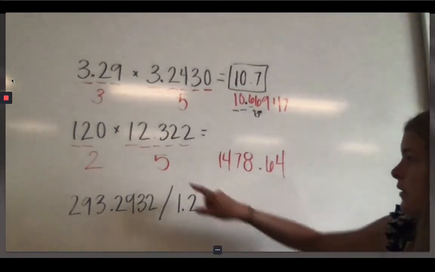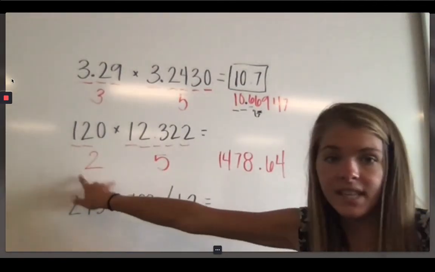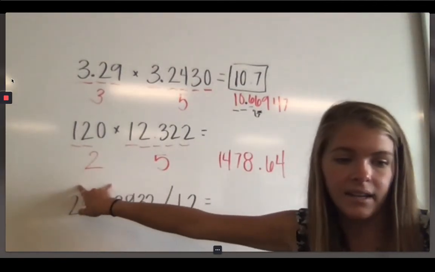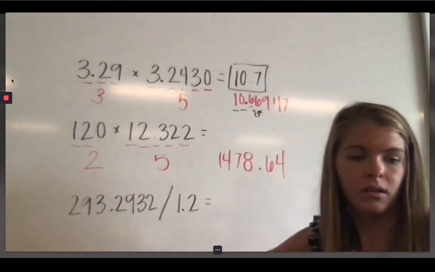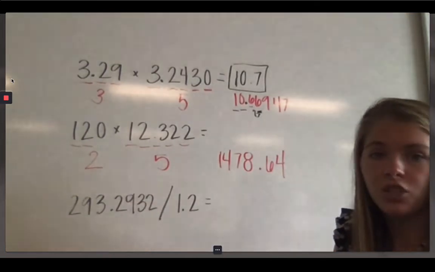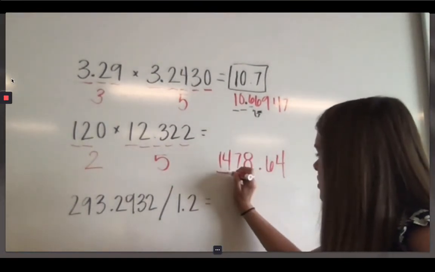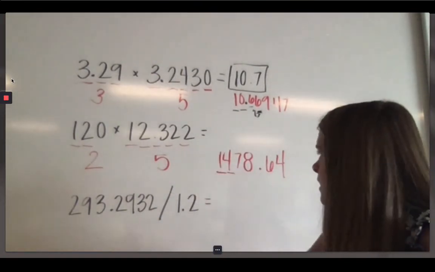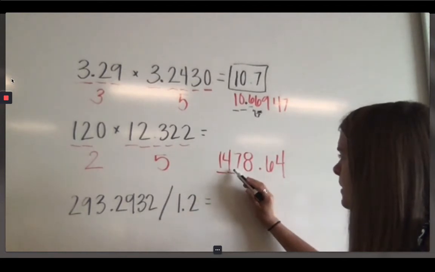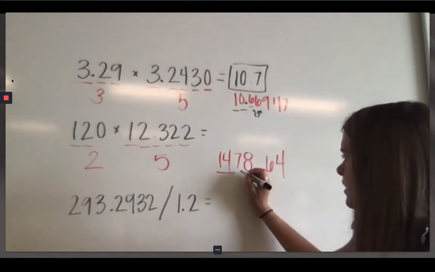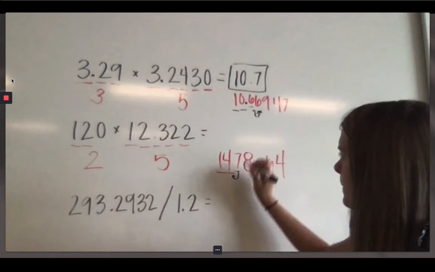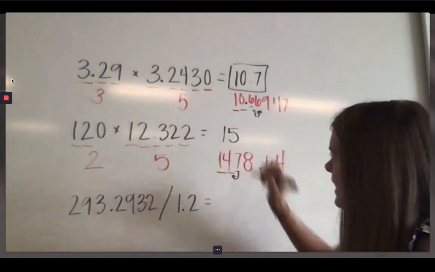We need to round that to 2 significant figures because that's the least number that we had. If we round that to 2 significant figures, we know we can only use the 1 and the 4. Are we going to round the 4 up or keep it the same? So notice we have a 7, so we're going to bump it up to 1, 5.